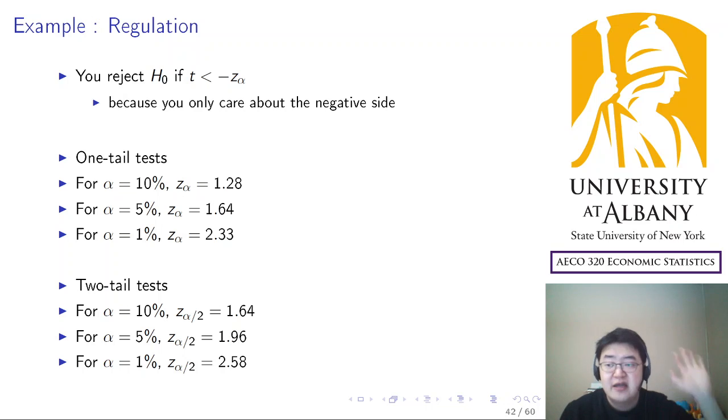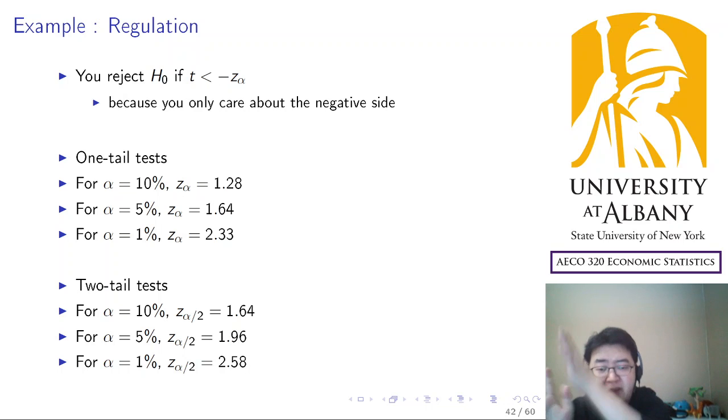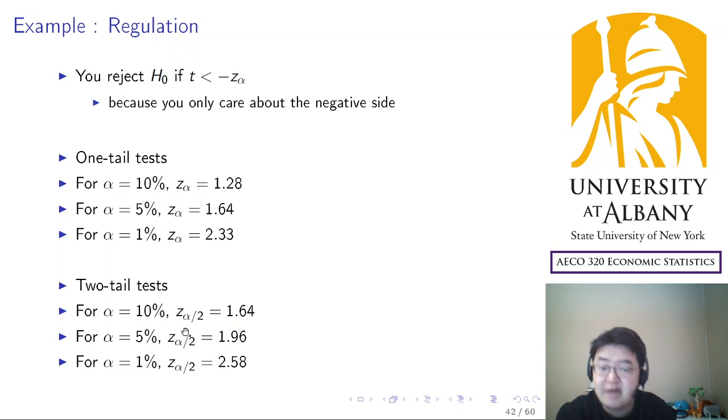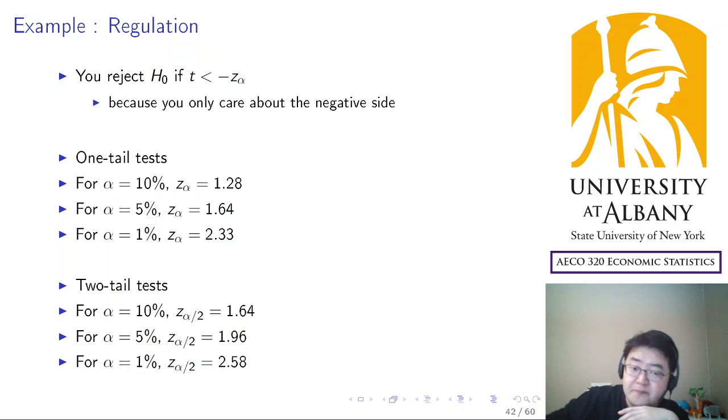You are going to reject the top 5% and the bottom 5%. The threshold should exist for the bottom and for the top, and it is basically the top 5% value. The top 5% value is 1.64, so you reject if the value is greater than 1.64, and you reject the bottom 5%, which is smaller than minus 1.64.